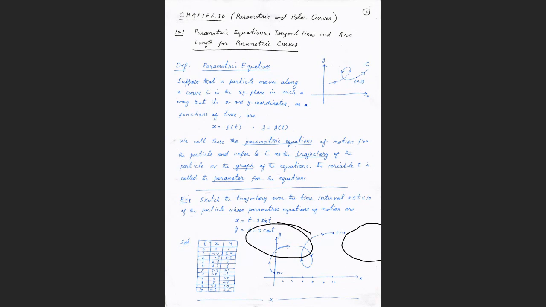Again, listen. For any curve, whatever the curve is, you choose any point on it. At that point, if x is a function of time t and y is a function of time t, then these two equations are called parametric equations.